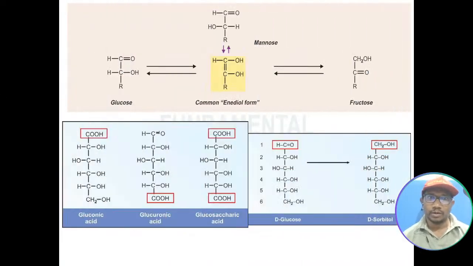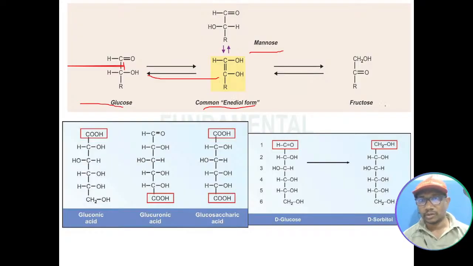You can see this is the structure of glucose. The structure of glucose will form an enediol in the basic medium. In the basic medium, what will happen? It forms an enediol. There is a shifting of this double bond to here, the double bond comes here, the hydrogen comes here and the double bond comes here, so the hydrogen from here goes away. So shifting of hydrogen forms an enediol, and from this enediol you can get mannose, and from this enediol you can get fructose.